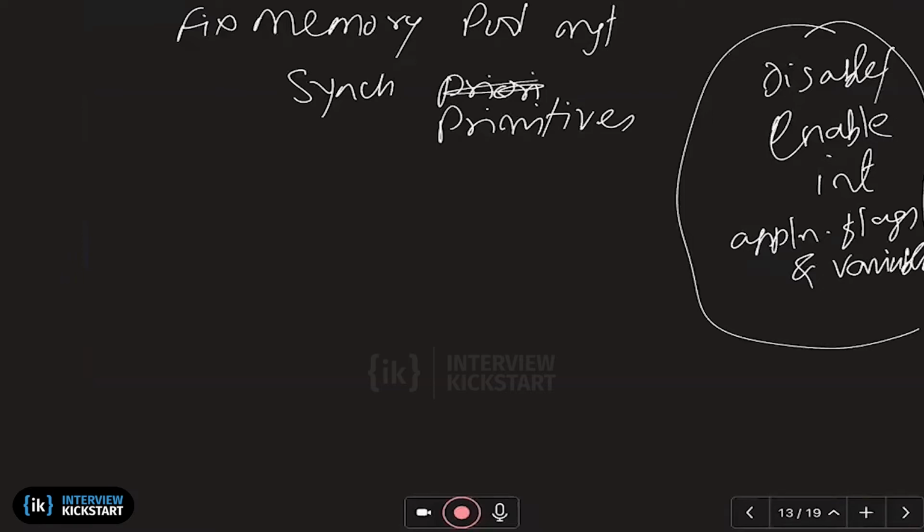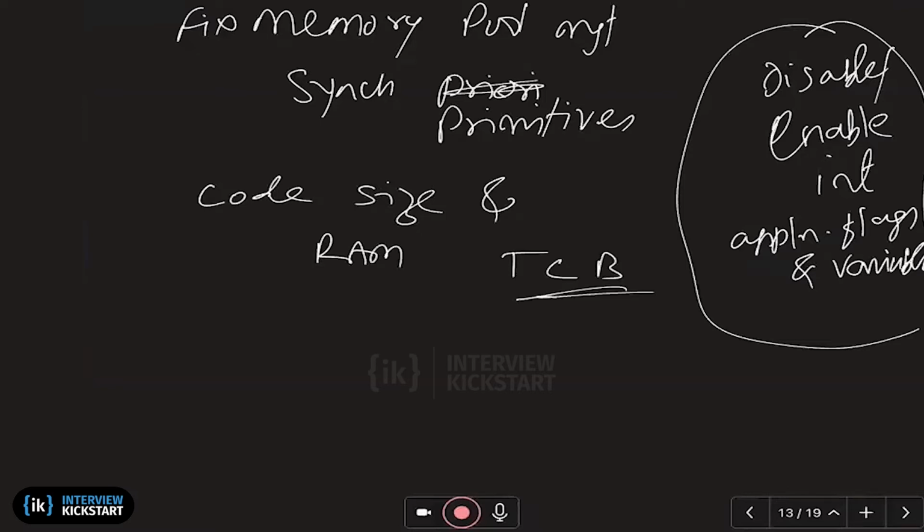However, all this takes code size and RAM, of course. For example, the task control blocks and all the control information have to be stored in memory. So if you have very limited memory, like some applications with 2K or 4K RAM on the microcontroller, you won't even be able to fit the RTOS there.